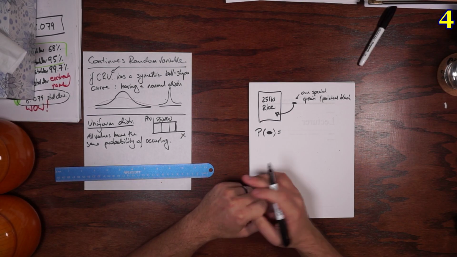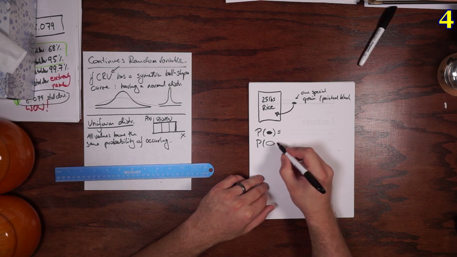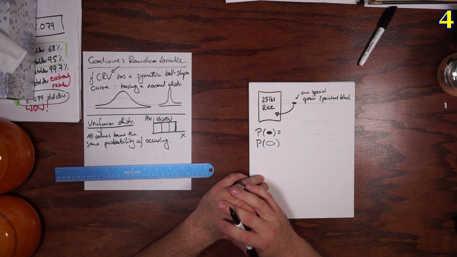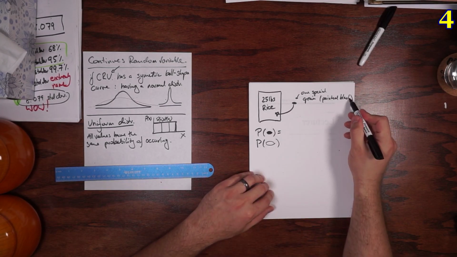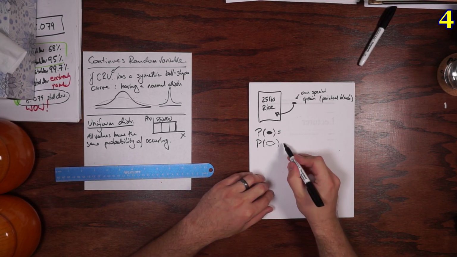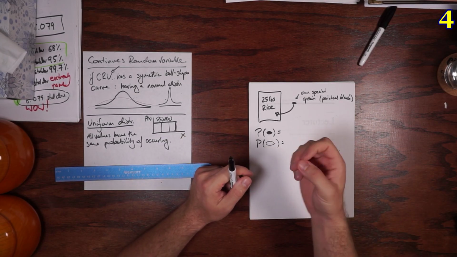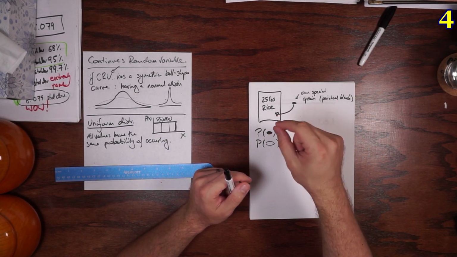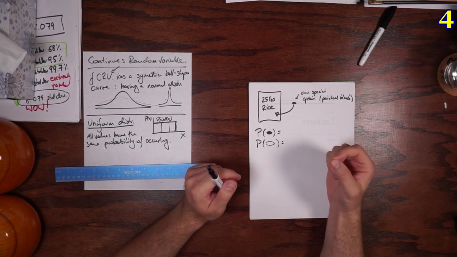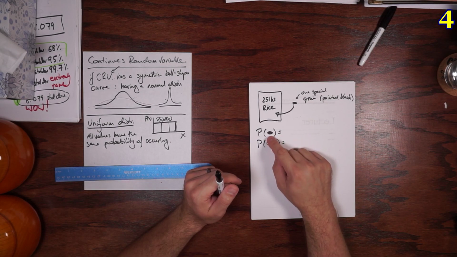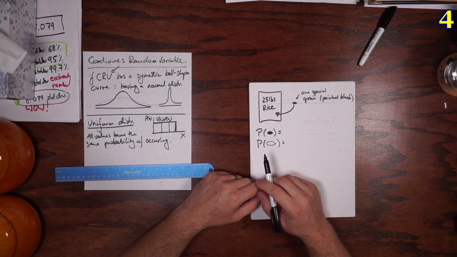Or conversely, what's the probability you're going to pick a white grain of rice? Well, if you reach into the bag with a pair of chopsticks or tweezers or with your two fingers, mix it up and pick up a grain, what are the chances you're going to pick the black grain of rice?